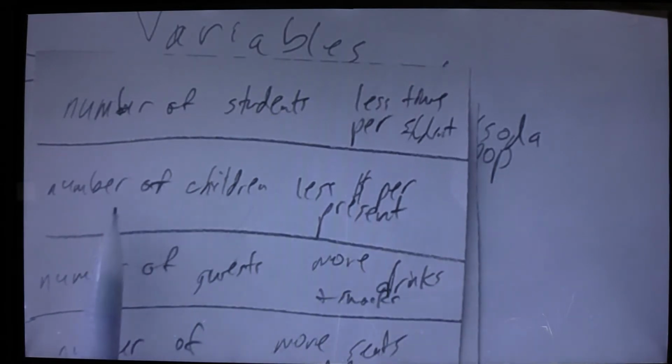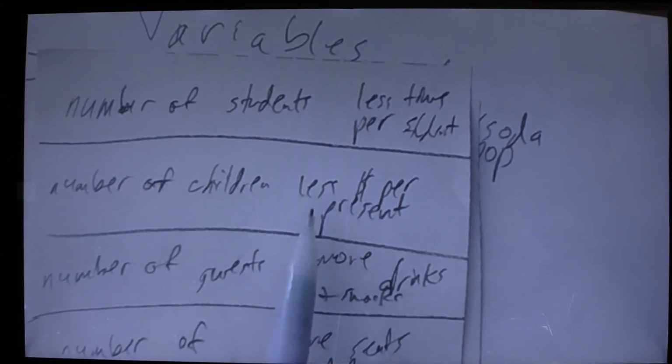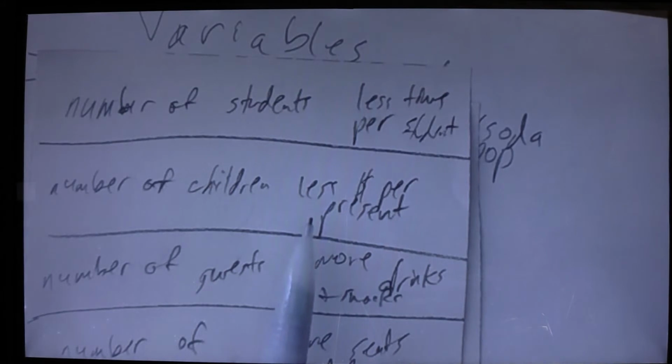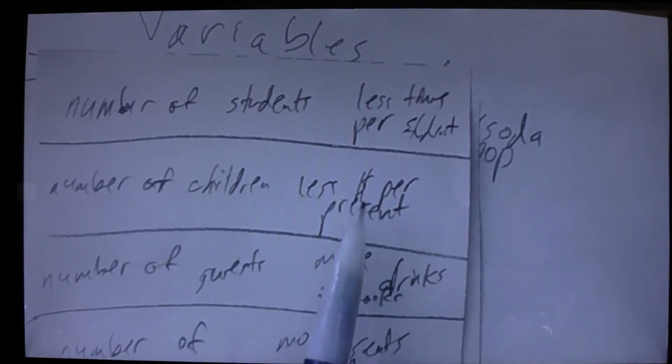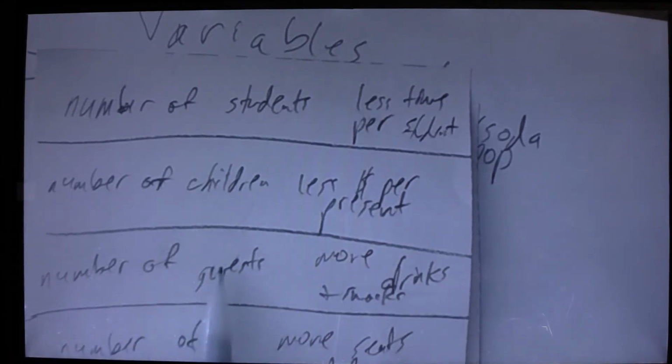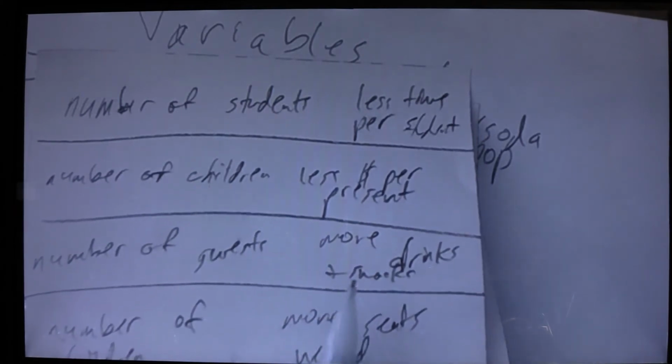So the number of children would be the independent variable. The money per present would be the dependent variable. And because as the number of children increases in the family, the less money per gift, that would be an inverse relationship.